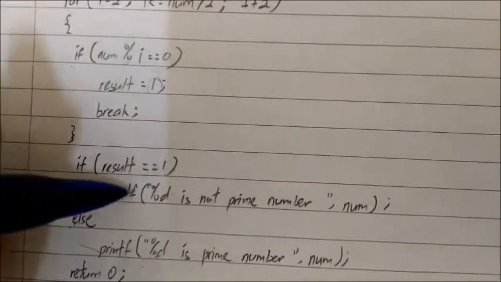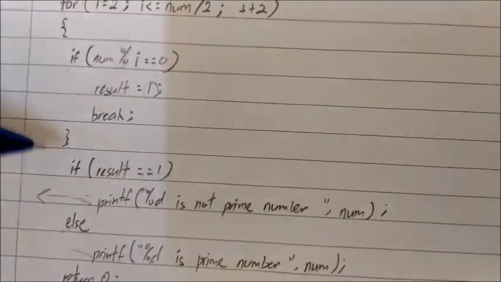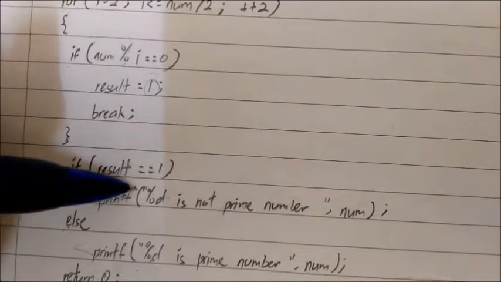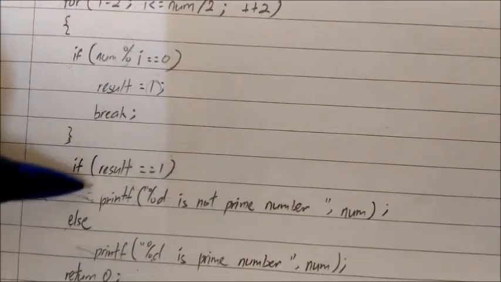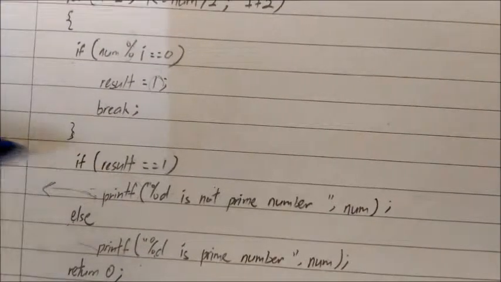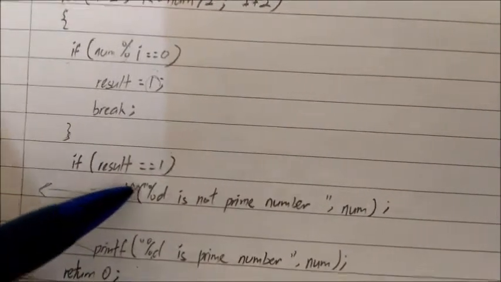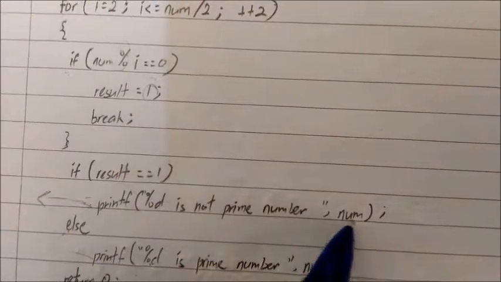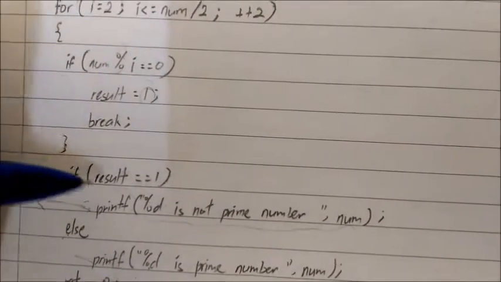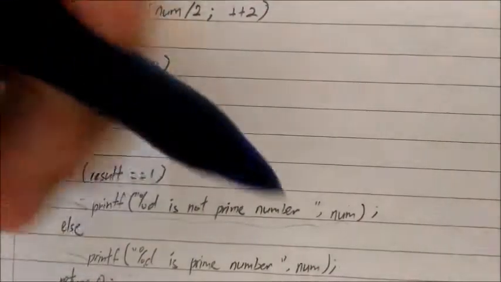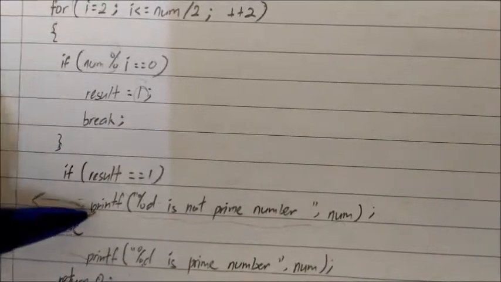This printf is an output. If we compile and run the program, this statement will be output. We will see it in the display. This is the function of printf.